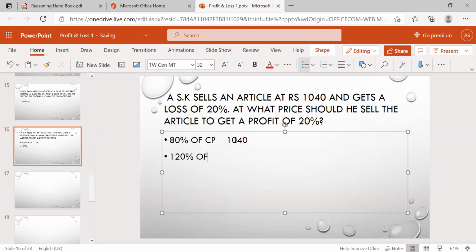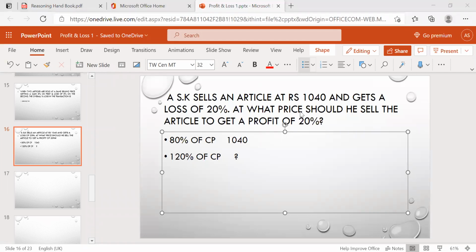So 120% of the CP is what they're asking. Suppose 80% of the CP is 1040, then what is 120% of CP? 120% is nothing but 100% CP and 20% extra as profit, right? Is it clear?